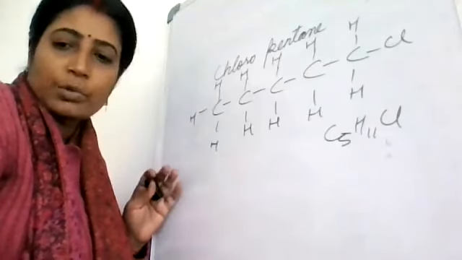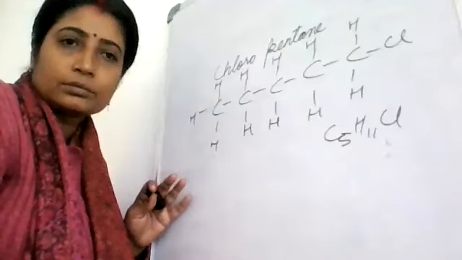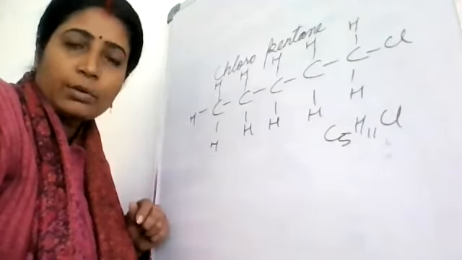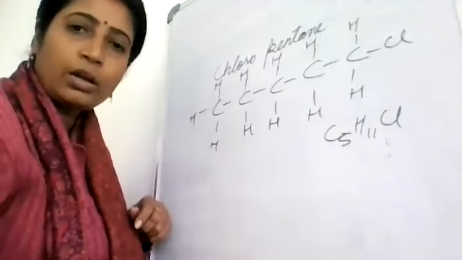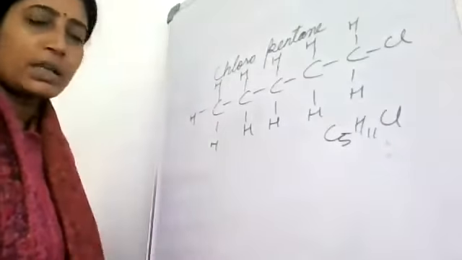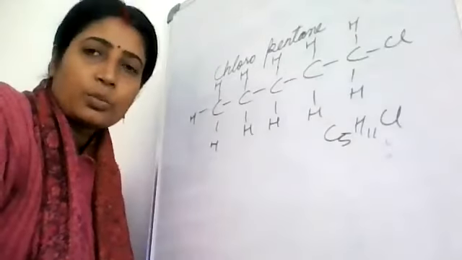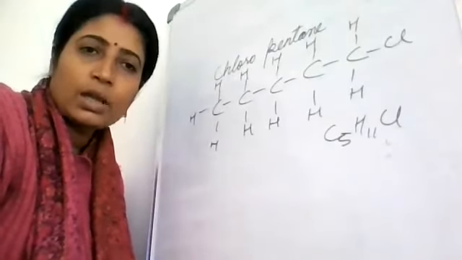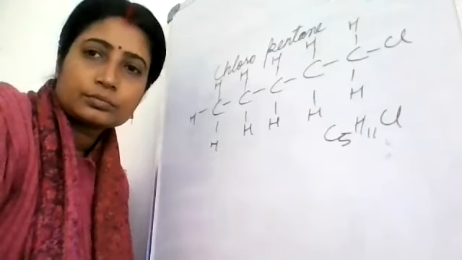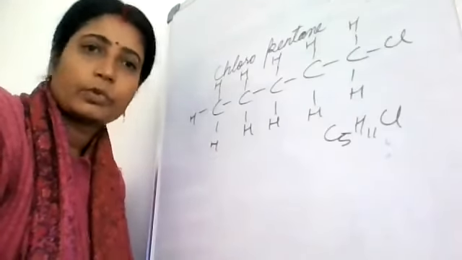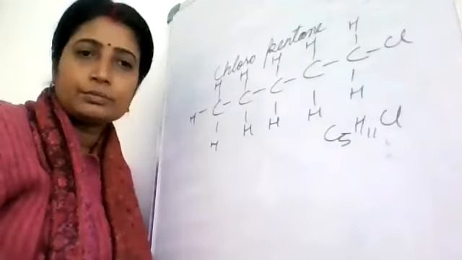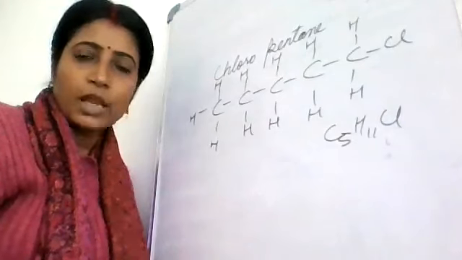To make isomer of chloropentane. Have you written? What is isomer? Tell me. Ma'am, the organic compounds having the same molecular formula but different structures are known as isomers. Okay. So which kind of isomer you will make here? You have read 2 types of isomer. Have you read 2 types of isomer?